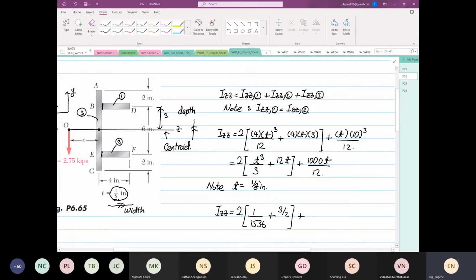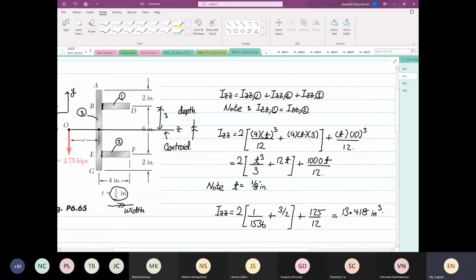And then plus 1000 times 1 over 8 divided by 12 is equal to 125 over 12. So this will be equal to 1 over 1536 plus 3 over 2, times 2, plus 125 divided by 12, which is equal to 13.418 inches to the power of 3.